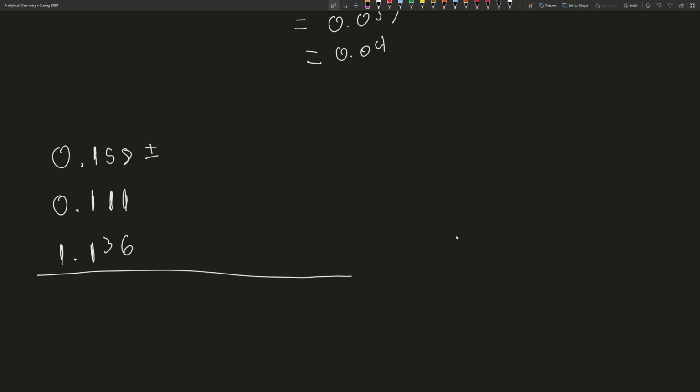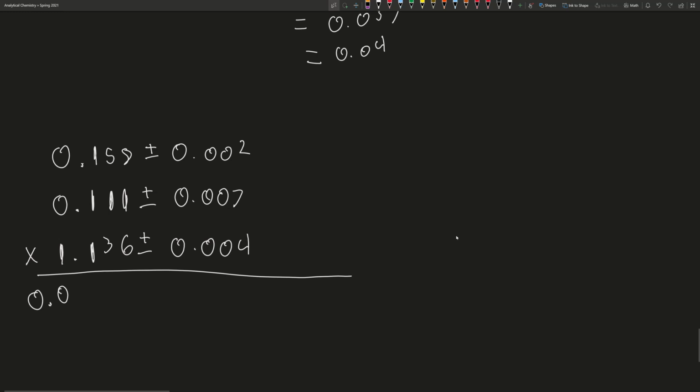Say we had plus or minus 0.002, 0.007, 0.004, and let's say we have multiplication. So again, we would perform a multiplication exactly as we would, and that gives us 0.0199.